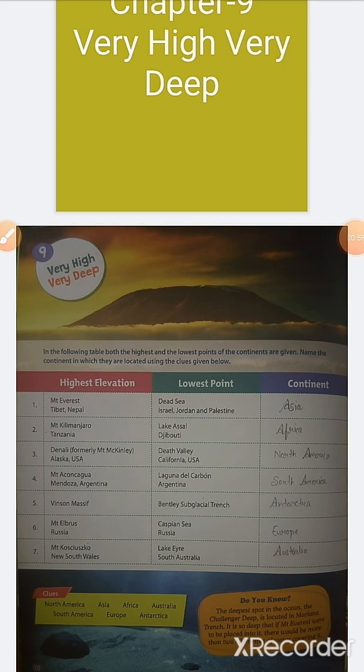Number 7th, Mount Kosciuszko, New South Wales.